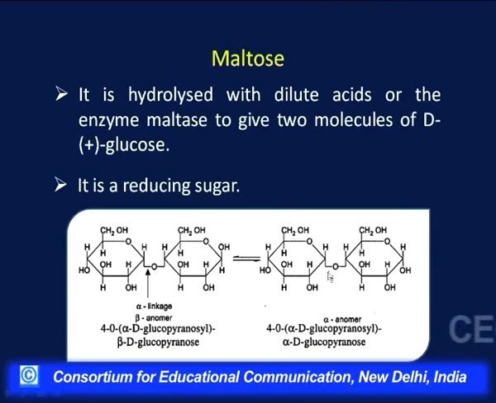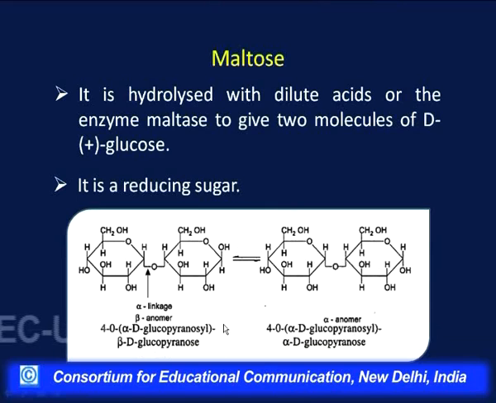So, this is alpha linkage, here also we will call it alpha linkage, right. Anomer of maltose is due to this anomeric carbon, where hydroxyl can be in the upper direction or in the lower direction in this Haworth projection. How to name these disaccharides?